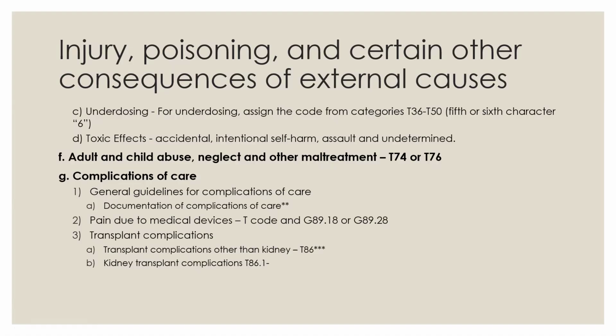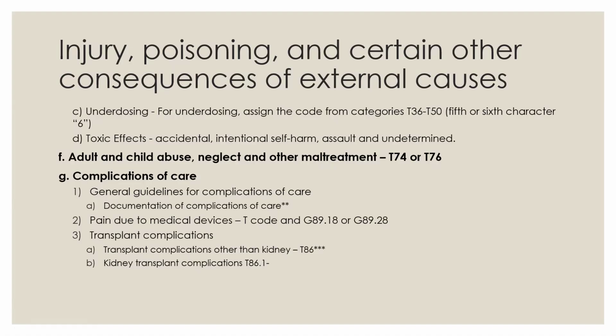And lastly, on this page, we have transplant complications. Transplant complications other than kidney. Codes under category T86 for complications of transplanted organs and tissues are for use for both complications and rejection of transplanted organs.